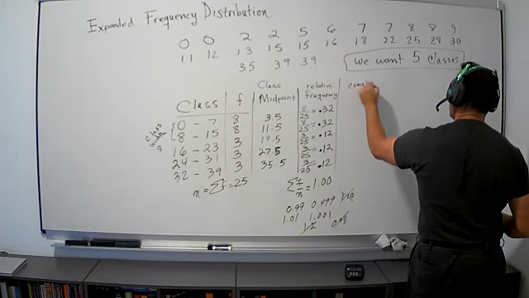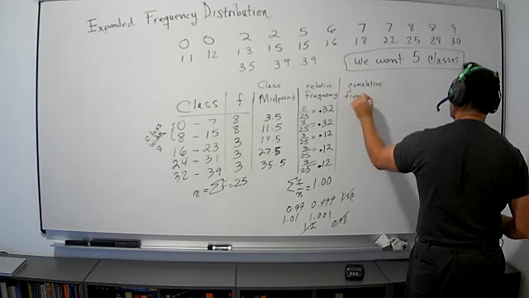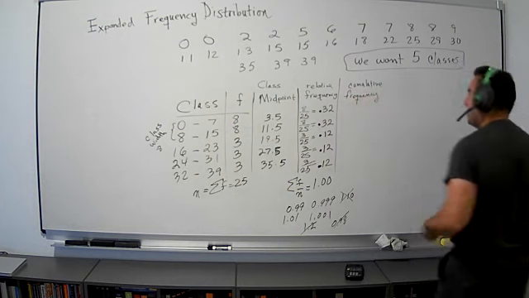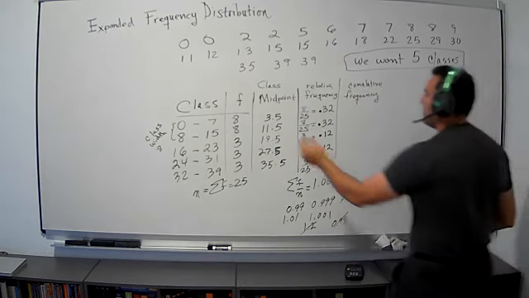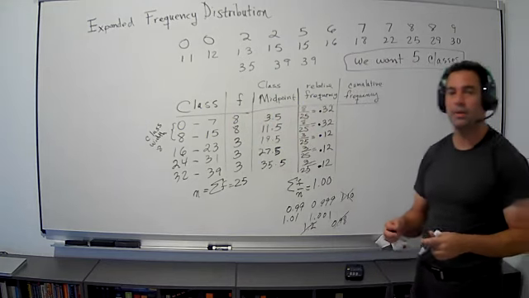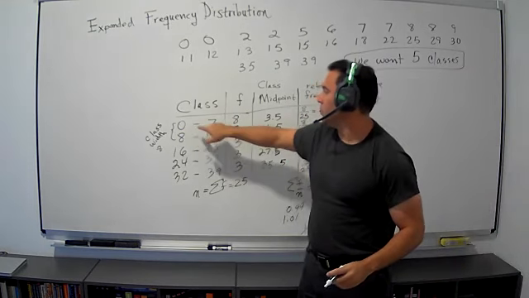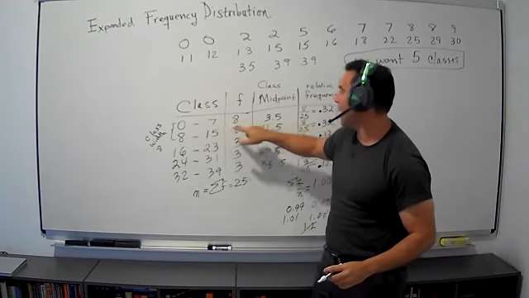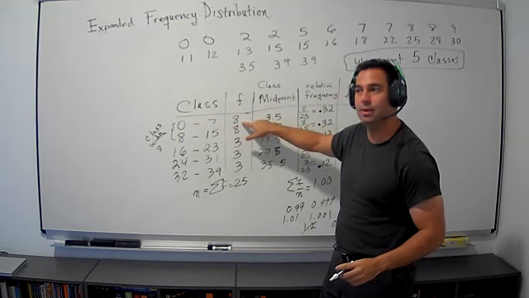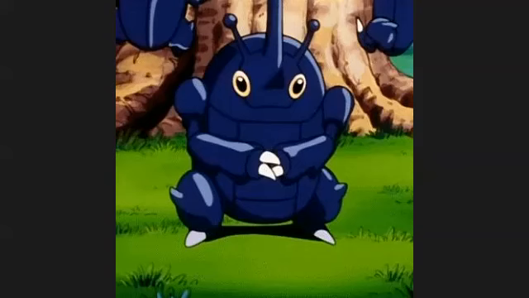Cumulative frequency. A cumulative frequency is like a running total of your frequency. For instance, by the time I get to 7, how many numbers would I have counted? 8. Very simple.